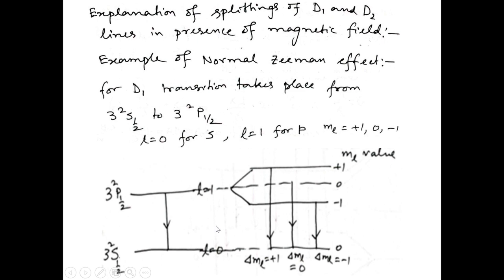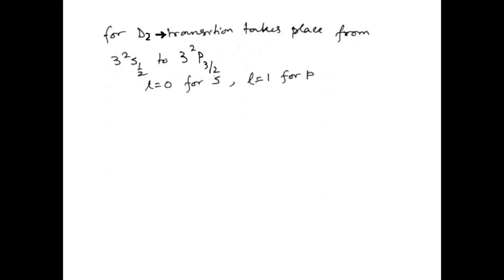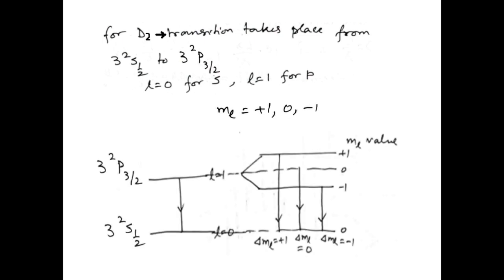So after checking D1, we can check D2 in the same way. Only the J factor changes in case of D2, and the transition looks like that. Note there is no change in the other formation, because we have not considered the J factor here. We have only considered the L factor for this phenomenon, as it is under normal Zeeman effect.